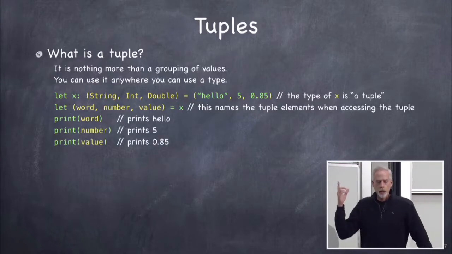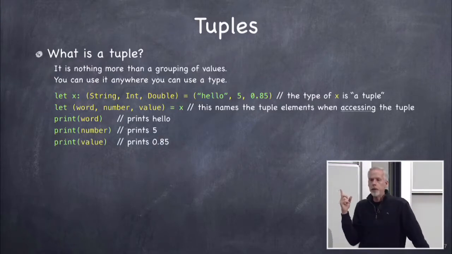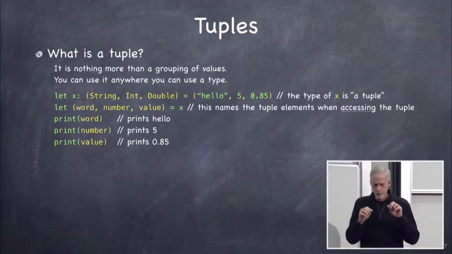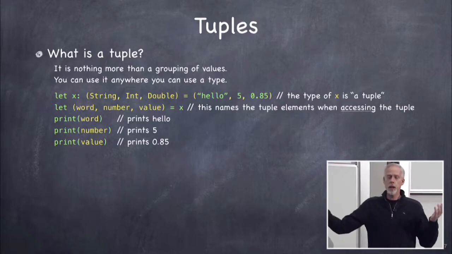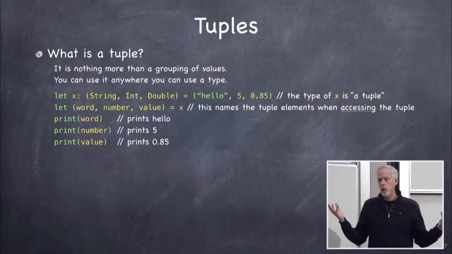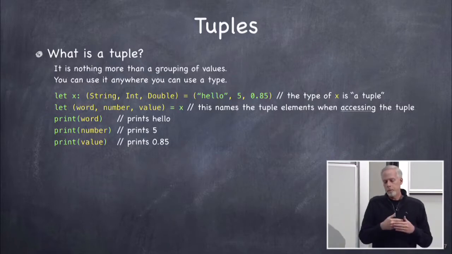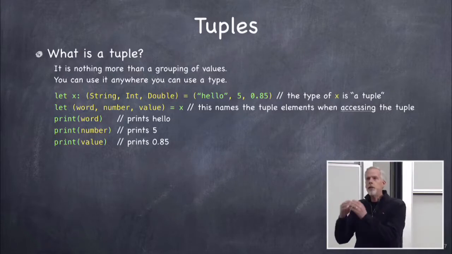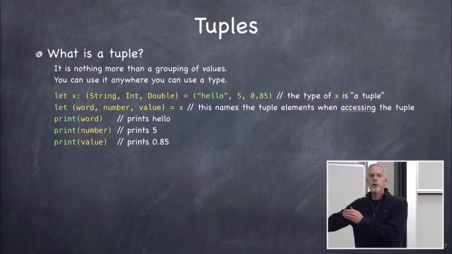It looks like this. Here, this constant x, I'm setting its type to be a tuple with a string, an int, and a double. That's its type. A tuple can have any number of things in there, but realistically we probably only have 3 or 4, sometimes only 2. I can set x equal to, in parentheses, any values of those 3 types.